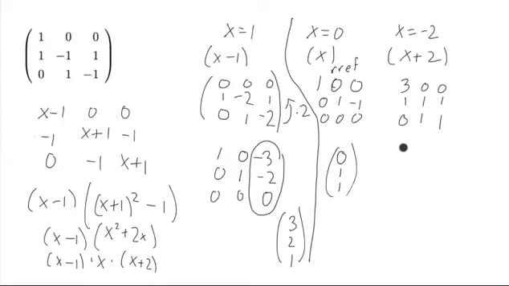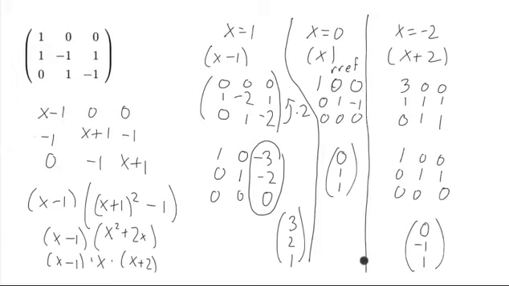It looks like, without too much work, we're going to end up with 0, 1, 1, 0, 0, 0. Okay, and that's the reduced row echelon form. And using the same idea, it looks like we're going to get 0, -1, 1 as our basis vector for that kernel, for that eigenspace.